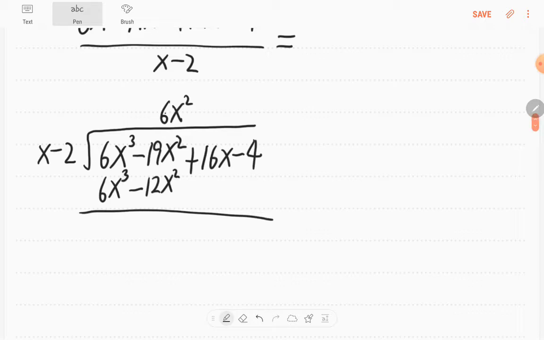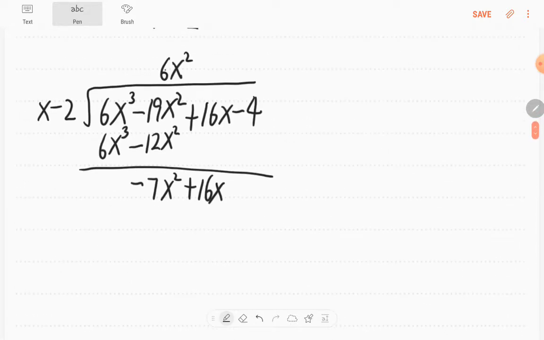Negative 19 minus, so this one is equal to 0, right? The first term. Then negative 19x squared minus negative 12x squared, so it becomes plus 12x squared, right? So it's negative 7x squared. Then we move one term down. You have this one.